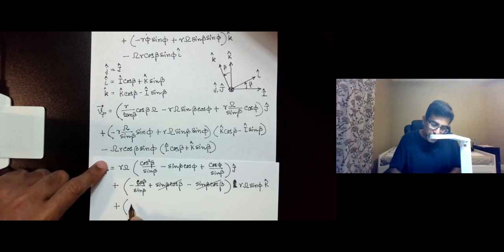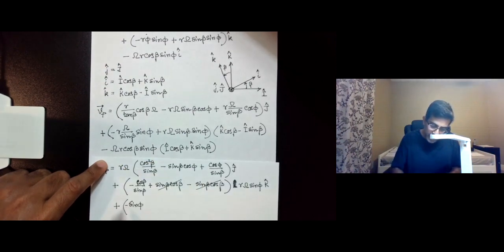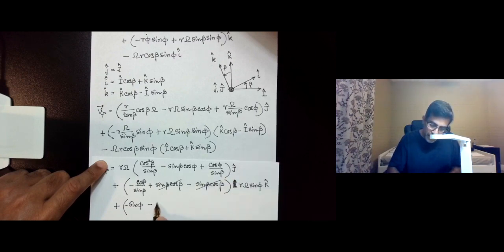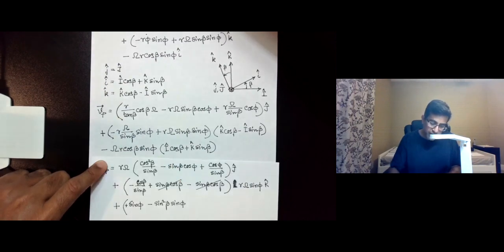You would have sine phi, sine beta would cancel with this guy with a negative sign. Minus sine squared beta sine phi. This would become a positive because you have a negative here, another negative here.